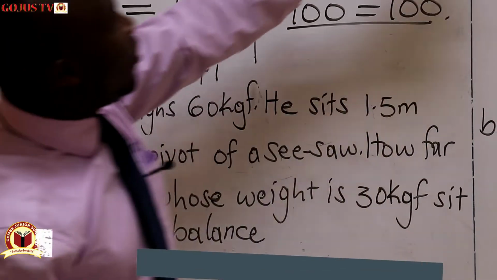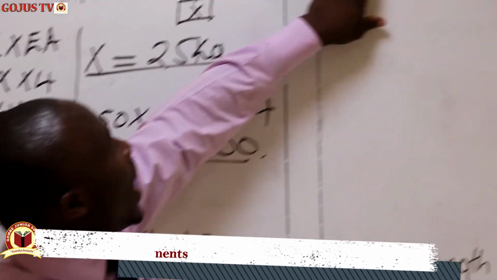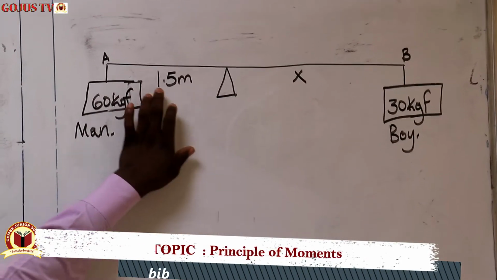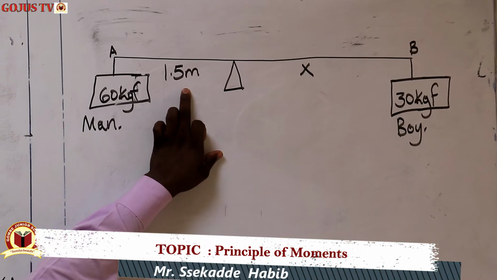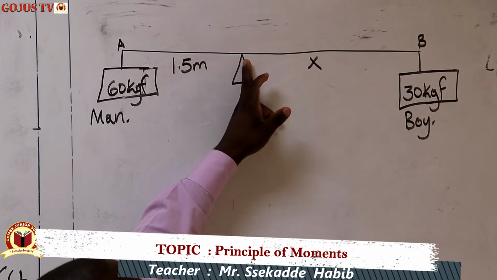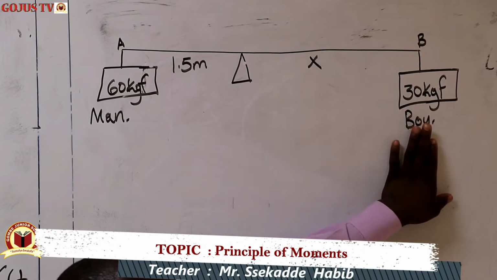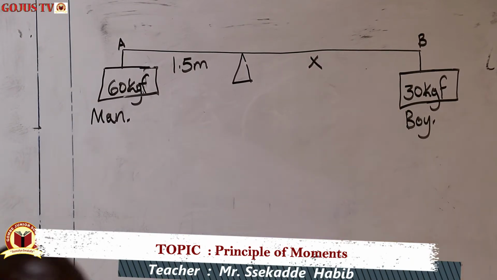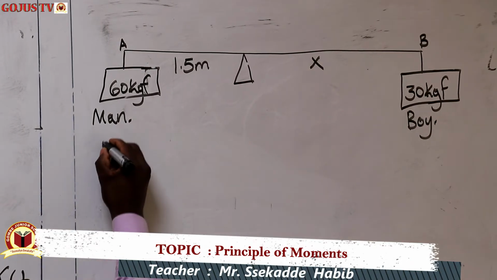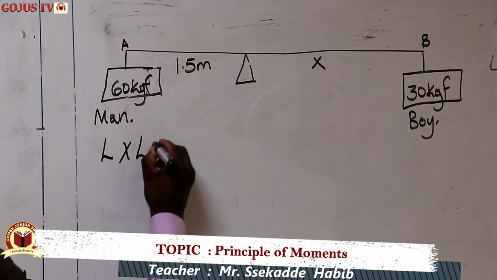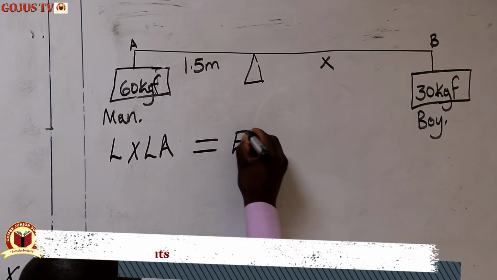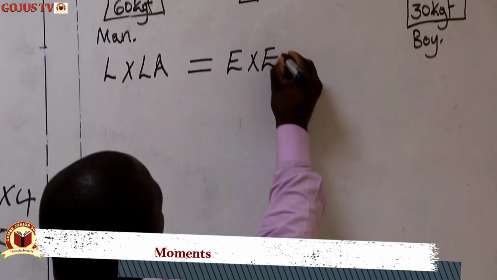If we try to illustrate it, this is the man, the weight of the man. This is the distance between the pivot and the man. Here, this is what we are looking for: the distance between the pivot and the boy, who weighs 30 kilogram force. So here we shall say load times the load arm should be equal to effort times the effort arm.